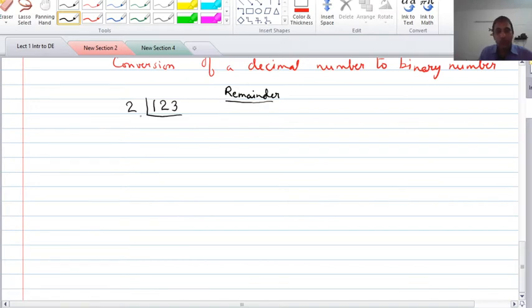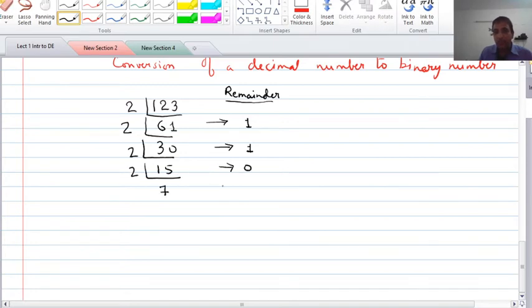So divide 123 by 2, that is 61, with remainder 1. Second, again 30 with remainder 1. Then again 15 with remainder 0. Then again 7 with remainder 1.